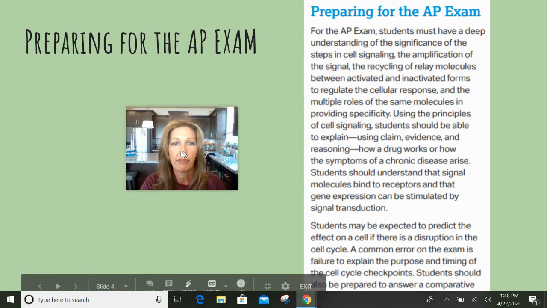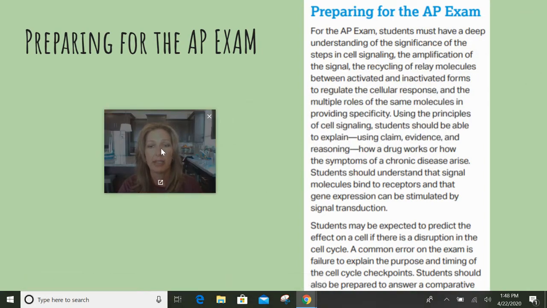Now, for preparing for the exam, some of the tips that College Board does share with us as far as using this unit to prepare for the exam. With this, it's understanding the significance of the steps in cell signaling. And it really is through this transduction process, the amplification of the signal. So all it takes is just a little bit of a signal molecule to then get a pretty big response inside the cell.